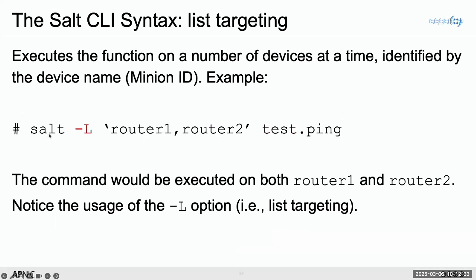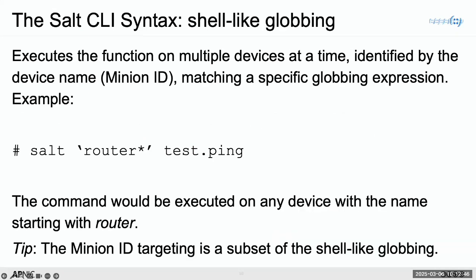In case we want to use it for multiple routers, using the comma we can specify what our target is. And if you want to execute for all of the routers, then you can use router asterisk, and it will match the routers and execute this command against all of them as well.